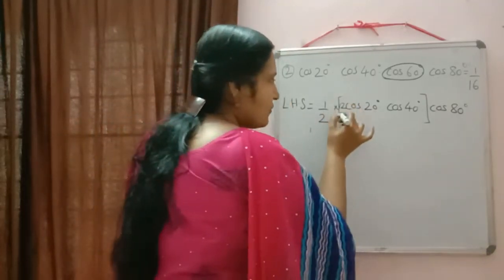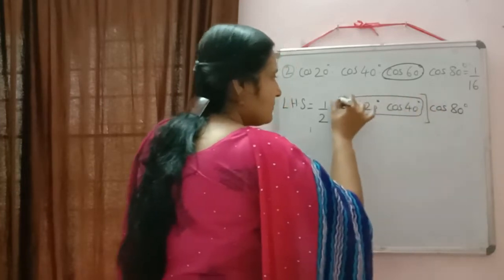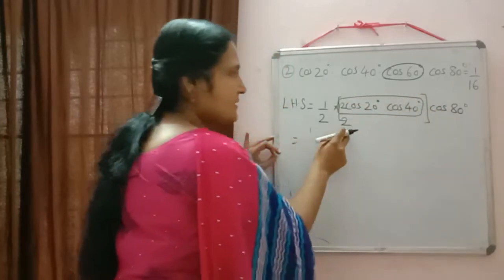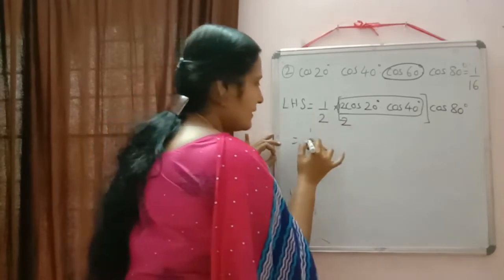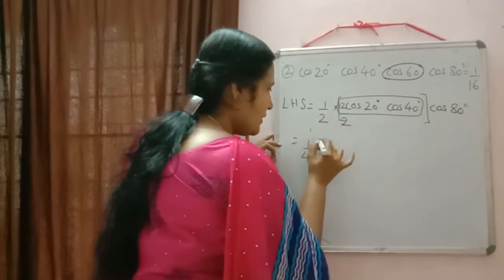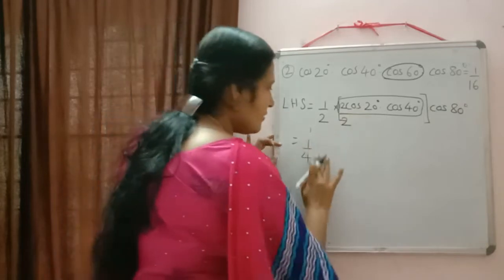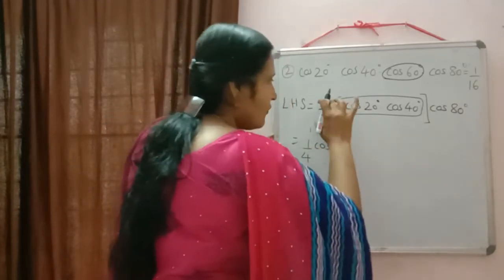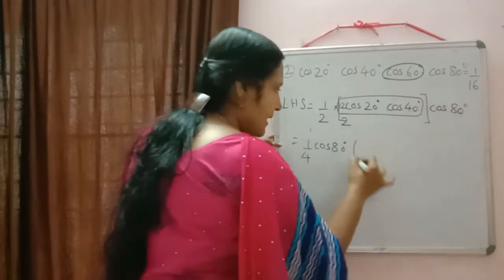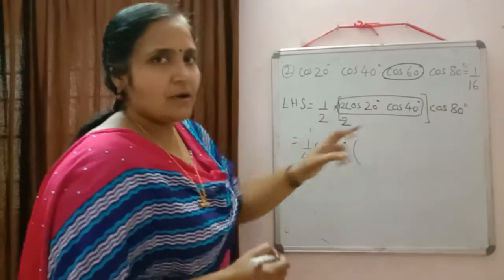And in this we are going to use the formula now. So this 2 is as it is, and this and this 2 get multiplied here, so we get 1 by 4 into cos 80 degree also. We write 1 by 4 into cos 80 remaining. Now we apply the formula.